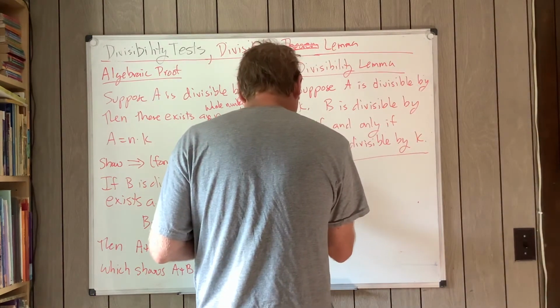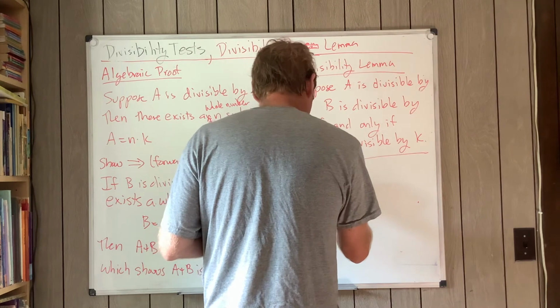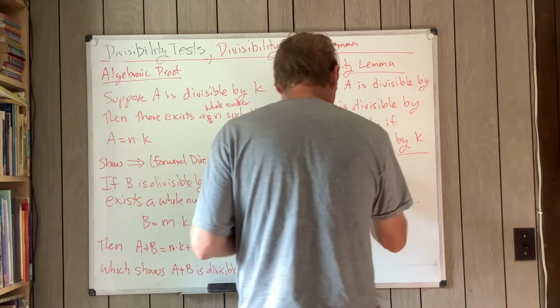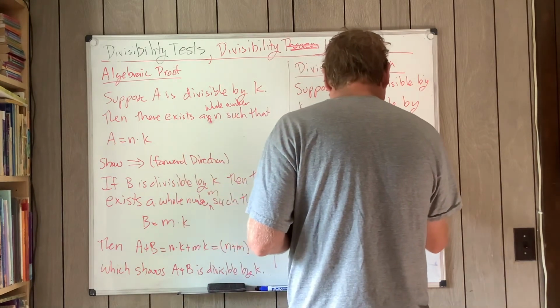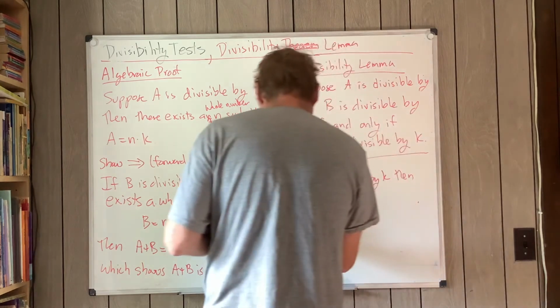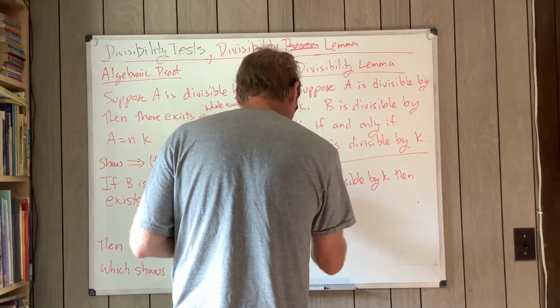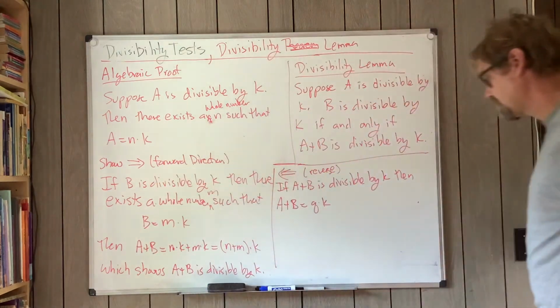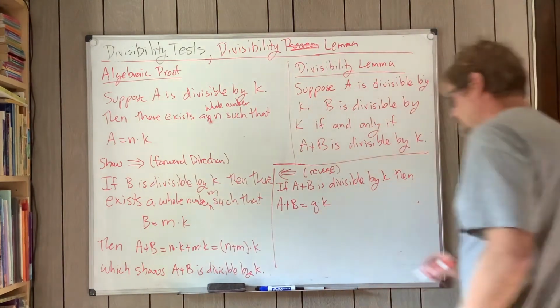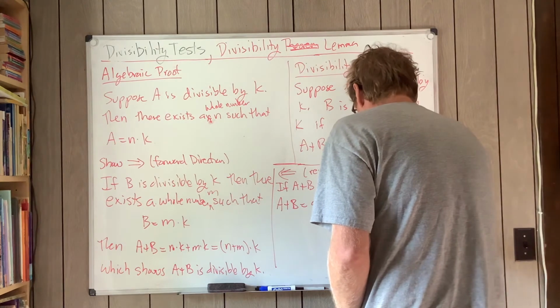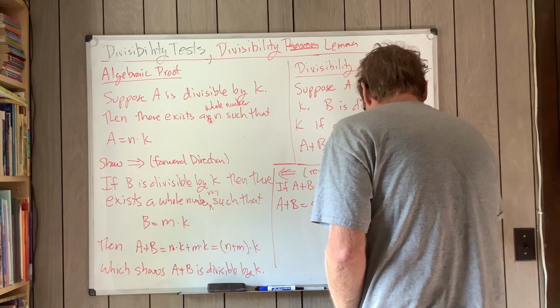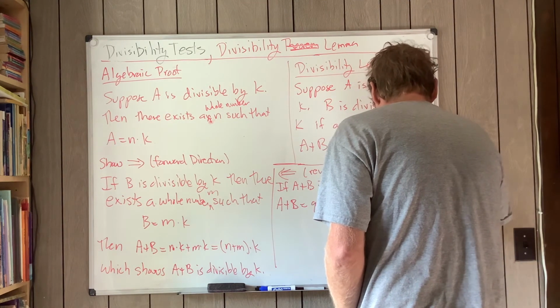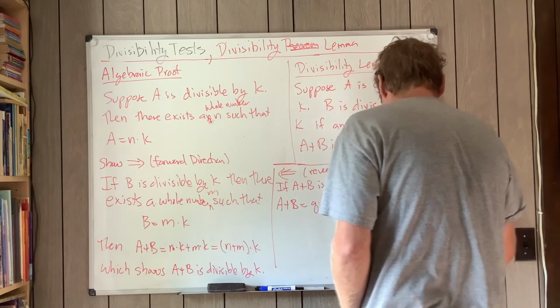If A plus B is divisible by K, then A plus B is, I'm going to say, some Q times K for a whole number Q.